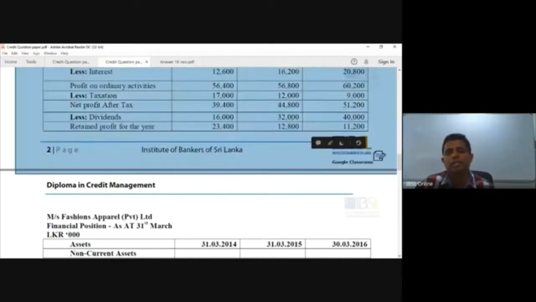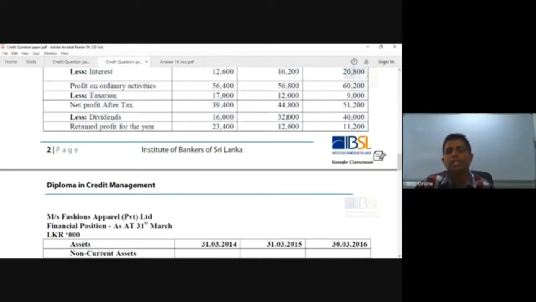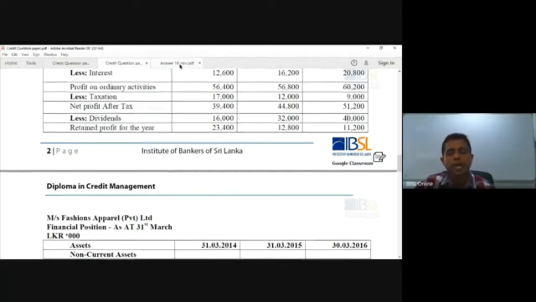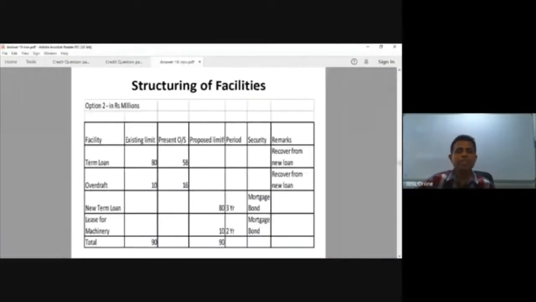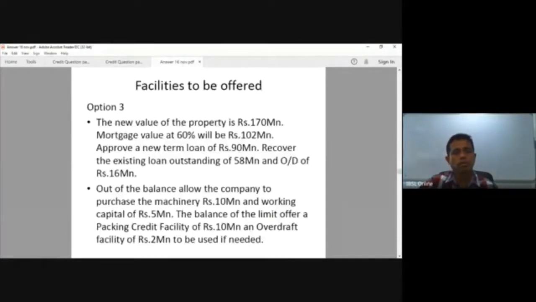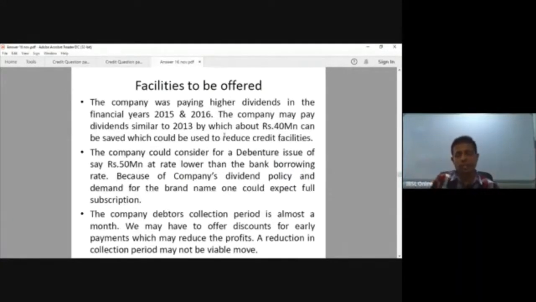Therefore, in 2015, they could have retained 16,000, and in 2016, 24,000. Altogether, 40 million they could have retained by paying a dividend equal to 2014. That's the point I am making.